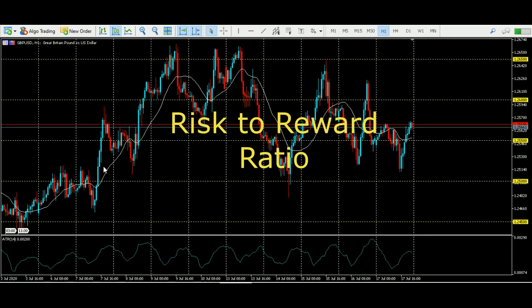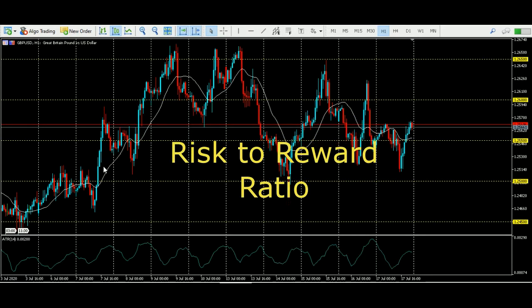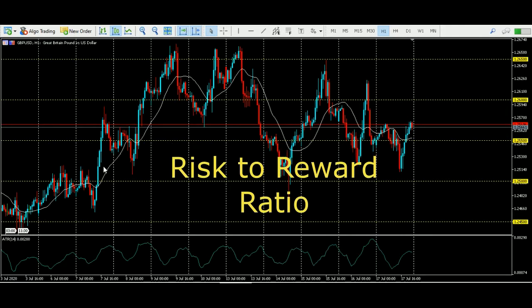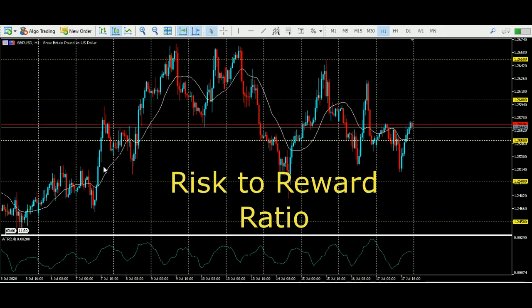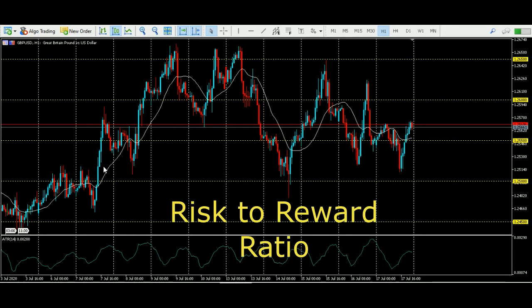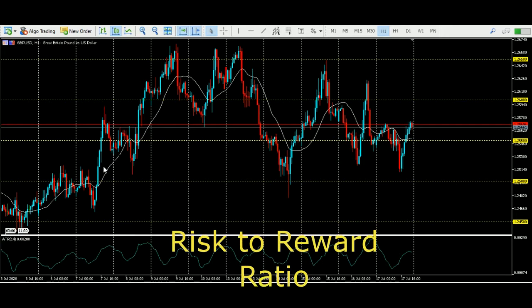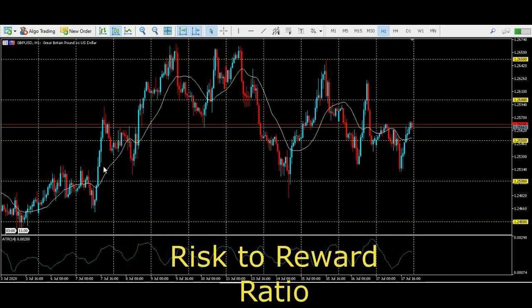Our stop loss should ideally be 25 pips or lower if we're going to follow that, right? But with this strategy, we're going to bend the rules a little bit. It's okay sometimes to have a negative risk to reward ratio as long as your win rate is very high.